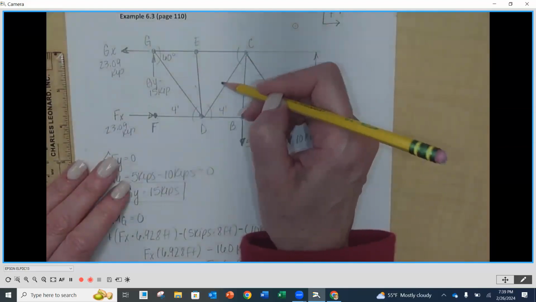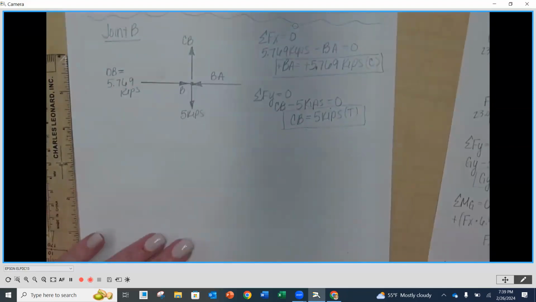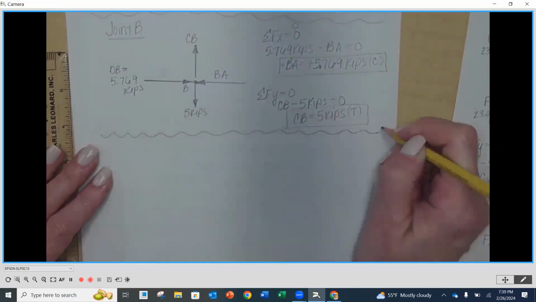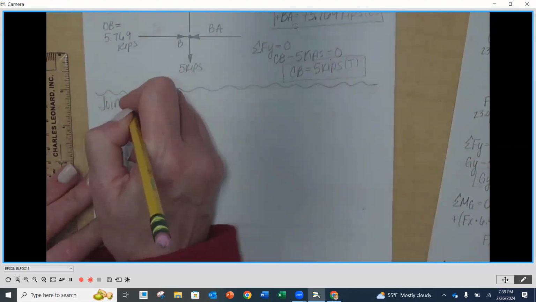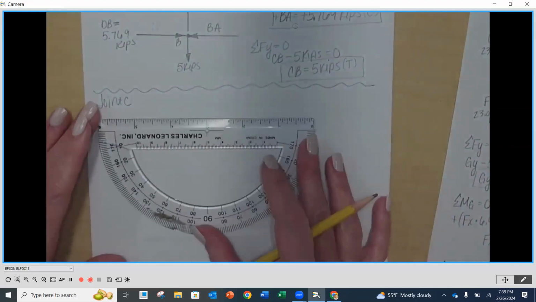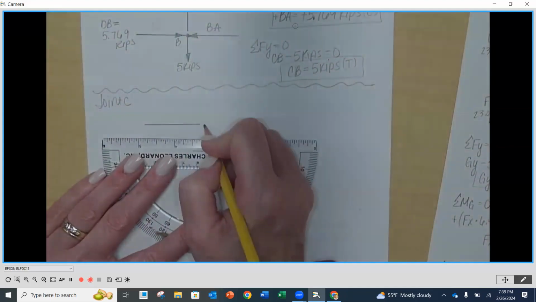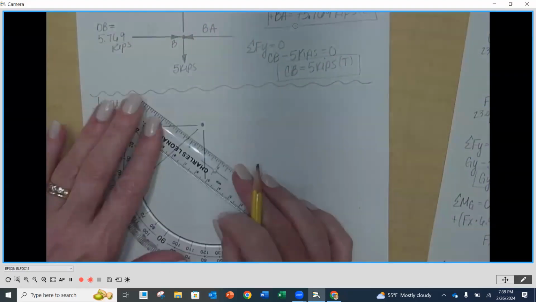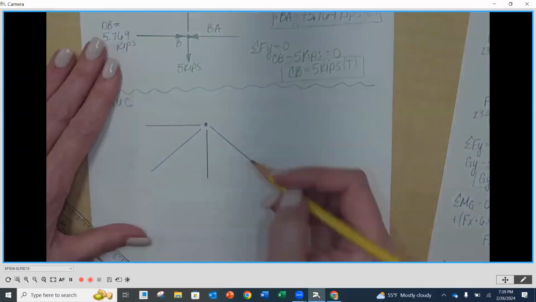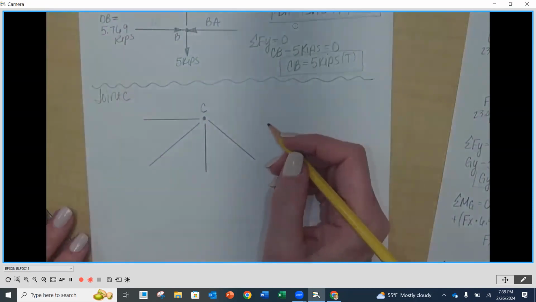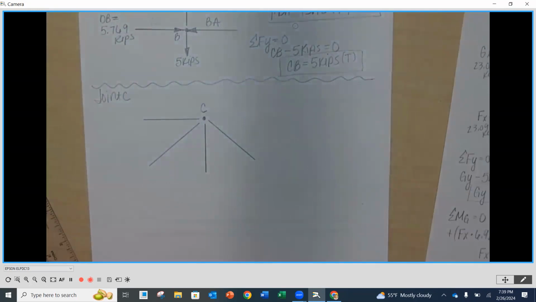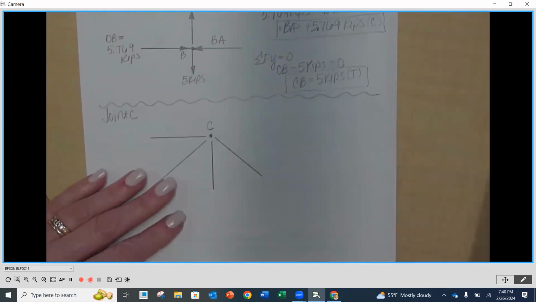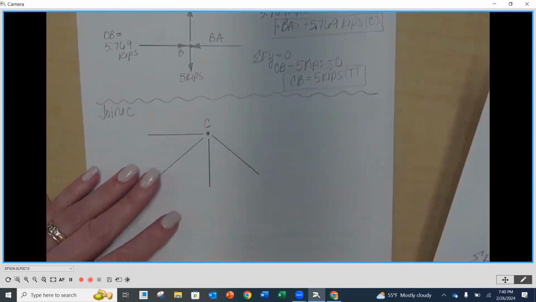We're going to go over to E, back down to D, to B, and then over to A. Joint C.